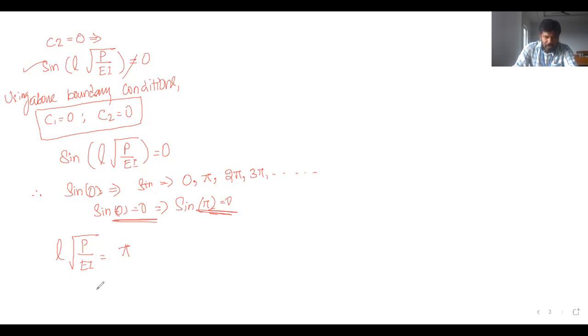If I substitute pi, then I do squaring on both sides.